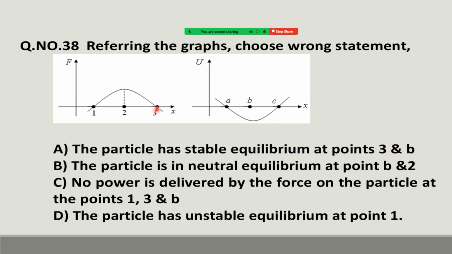Coming to 3. Now see carefully. If you are slightly displacing right side, okay, you can see at 3, net force is 0, right? That is clear. If you slightly displace right side, force will be negative. See carefully. Right side of point 3, F is negative. So if you displace right side, force will be left side.